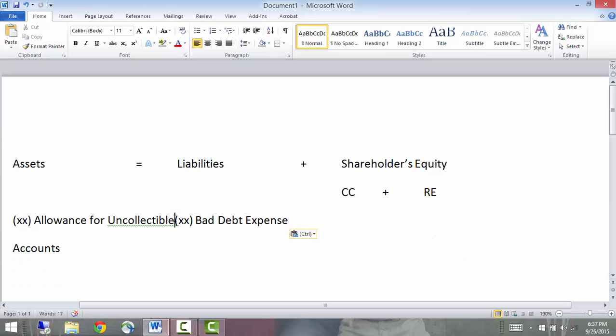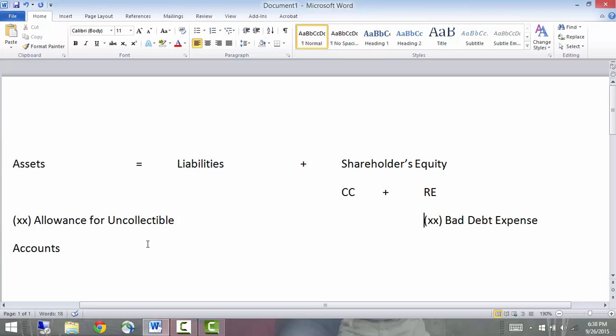Our other contra asset account that you've seen was called accumulated depreciation. Remember, it reduced the amount of assets. It's a contra asset, so its natural balance is always a negative, whereas for most assets the natural balance is a positive. This is going to be used to reduce our accounts receivable.